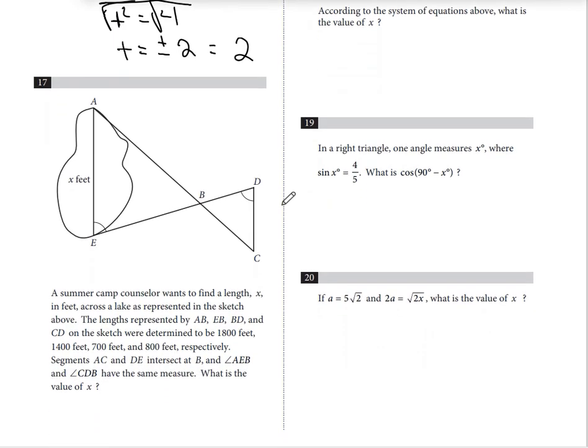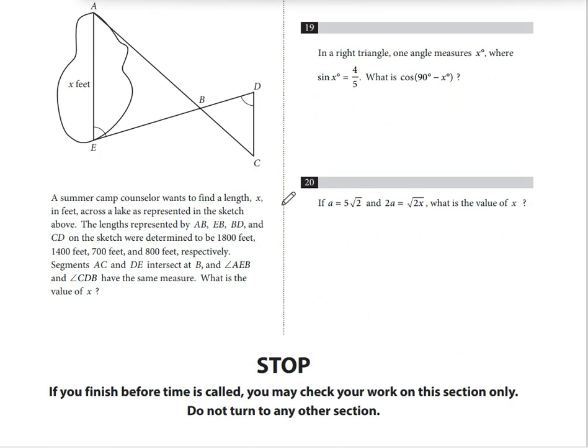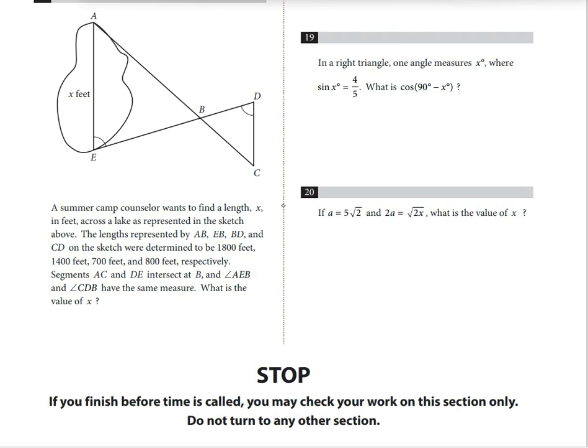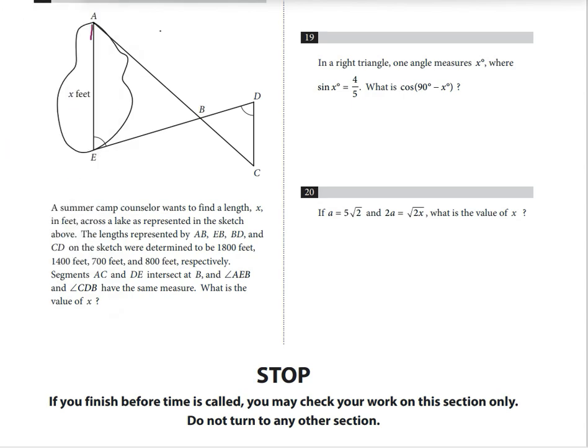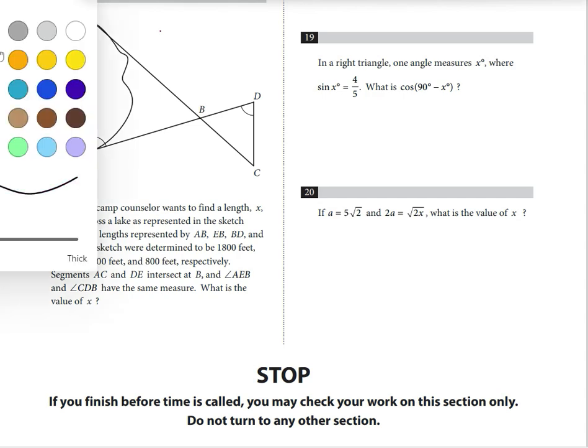For 17, a summer camp counselor wants to find the length x in feet across the lake as represented in the sketch above. So we're looking for this distance here, that's our x. The lengths represented by AB, EB, BD, and CD on the sketch were determined to be 1,800 feet, 1,400 feet, 700 feet, and 800 feet, respectively.